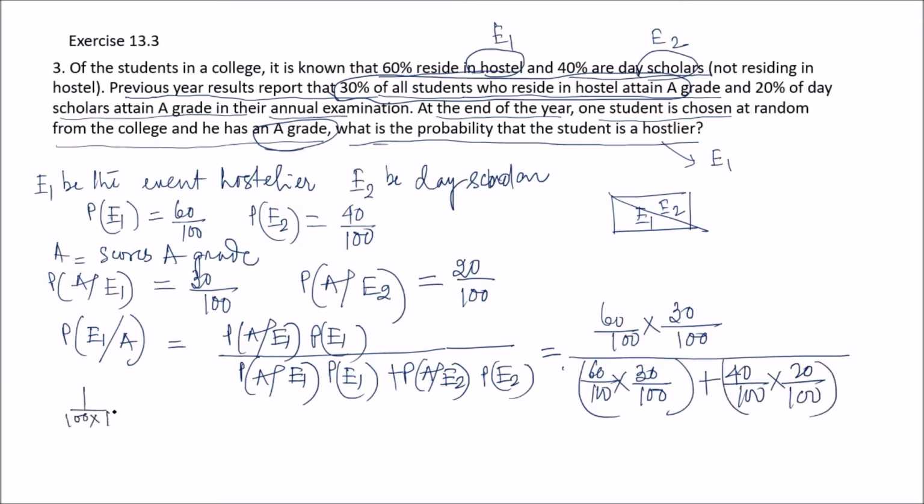I can cancel the zeros, that will be better. So I can take only 1 by 100 common. So this will be 18 upon 18 plus 8. How much will it be? 18 by 26. 18 by 26 is how much? It will be 9 by 13.